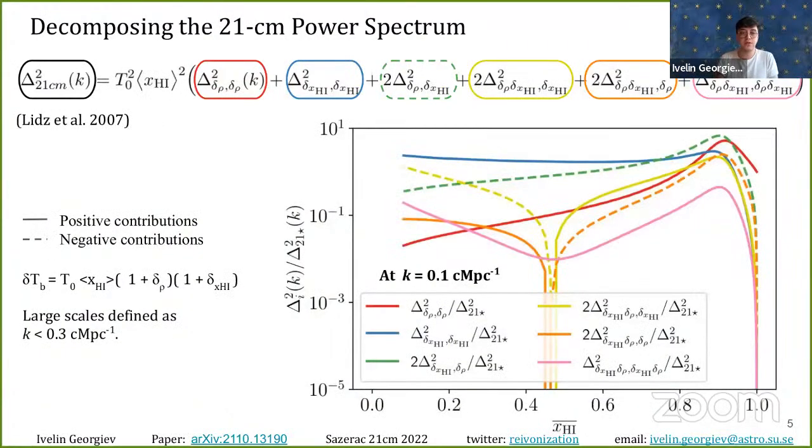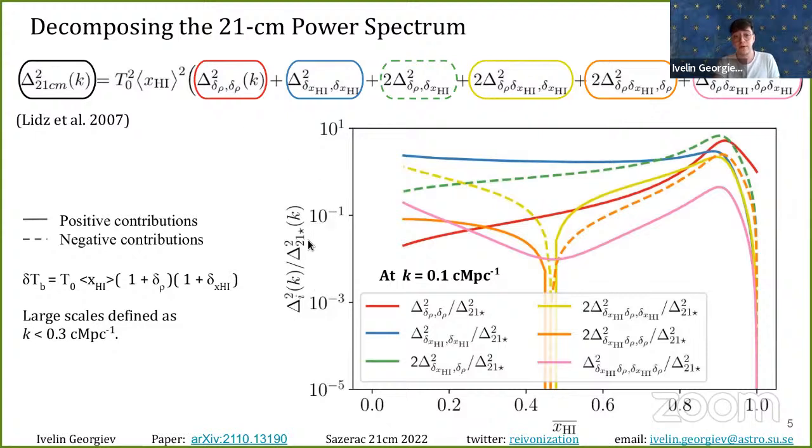So the first thing I do is take this decomposition from Lidz et al. 2007, and I apply it on large scales, which I've defined as follows. One way to try and understand the evolution of this formula, which of course has many components, is to divide each of these terms by the 21 centimeter power spectrum on the left-hand side.